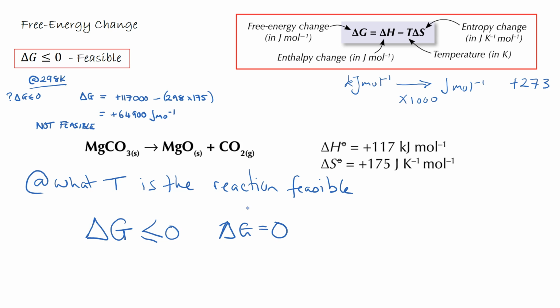So we can rearrange our equation, therefore, to say 0 is equal to delta H minus T delta S, for our entropy change.